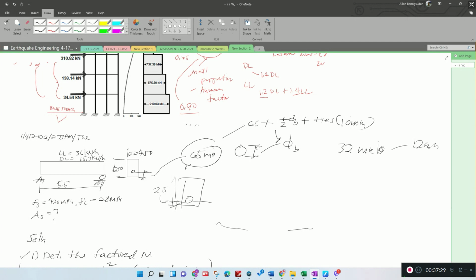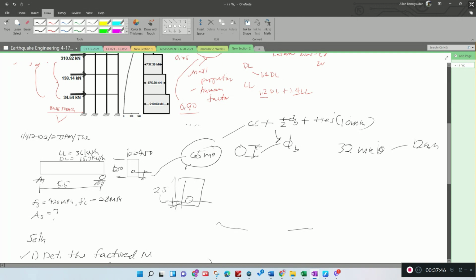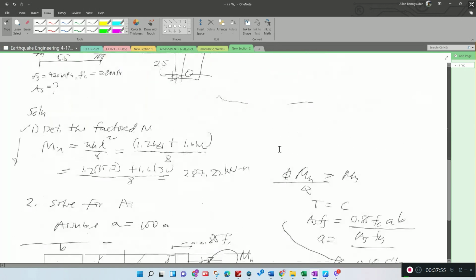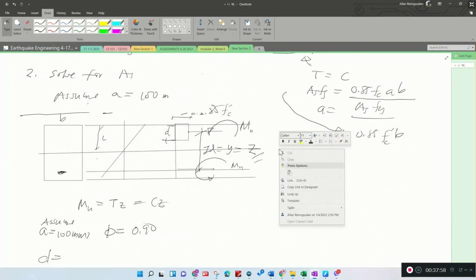These are specifications, part of the code, that when a particular diameter is greater than something, it determines what diameter of ties we're going to use. Stirrup, we usually call this one stirrup.